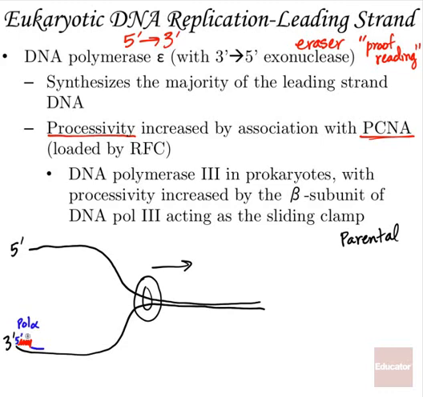Now after pol alpha has thrown down about 10 base pairs of primer and about 10 base pairs of DNA, then we get DNA polymerase epsilon coming in, taking over and synthesizing. Let's not use red since we use that for the primer.